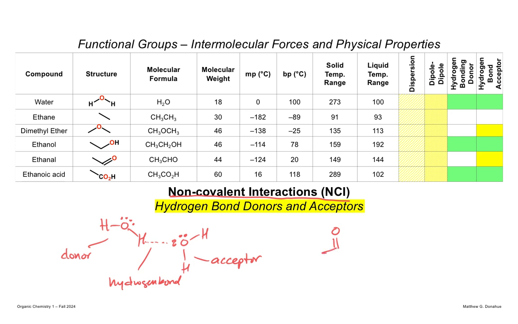In the aldehyde case, the aldehyde can only be an acceptor. Notice it doesn't have an H bonded to the oxygen to donate. So if you took that aldehyde and water, water would be the donor. The aldehyde's the acceptor because it's giving a lone pair that's attracted to that OH.